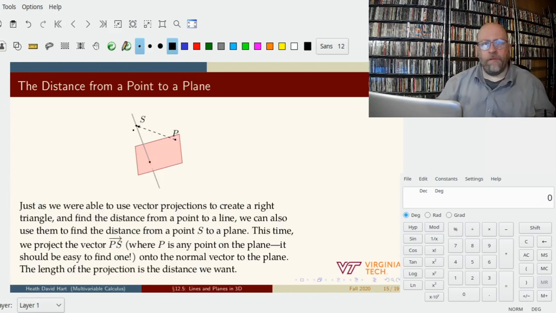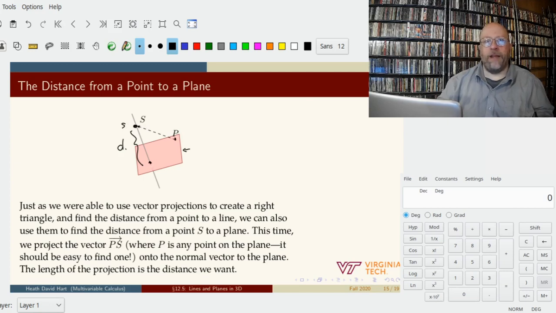So now that we can find intersection points and things like that, how do we find the distance from a point to a plane? Okay? So I have this plane here, and I have this point S, and I would like to know this distance. Well, again, if I knew what this point was, it would be easy. I could just use the distance formula. But chances are I won't know what that point is.